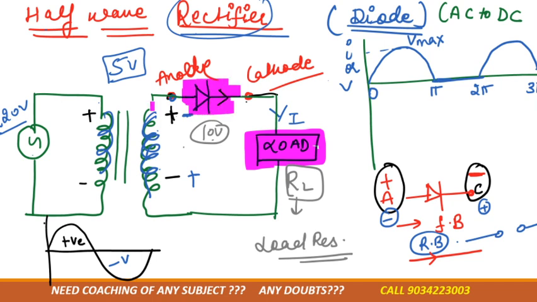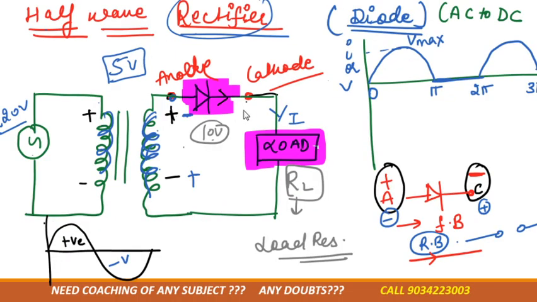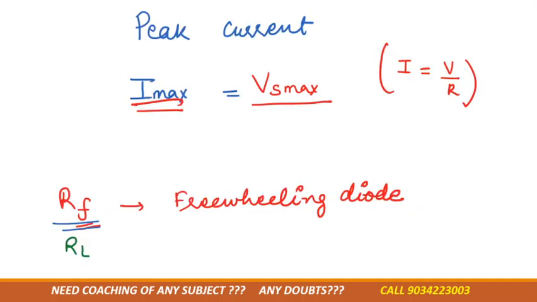So diode resistance is denoted by RF and load resistance is denoted by RL. Are they connected in series or in parallel? They are connected in series. So what would be the value here? RF plus RL. So this is the maximum current.